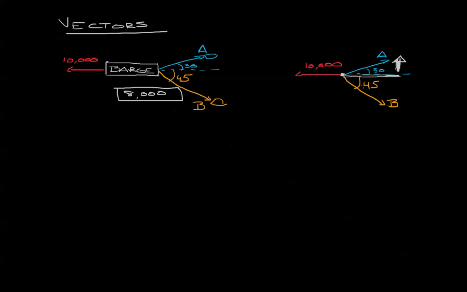And the same thing is going on with tugboat B. That direction has some going horizontal and some going vertical. What that means is that if you look at what's going on vertically, tugboat A is pulling up and tugboat B is pulling down. If one's pulling up and the other pulling down, it's going right in that direction. We know that tugboat A and tugboat B are pulling against each other just right, so they're equal and opposite.